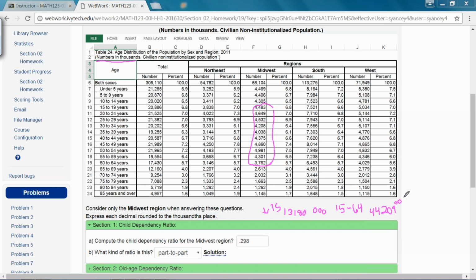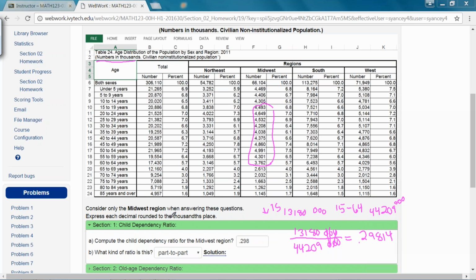But again, you can leave the 3 zeros off because when we write our ratio, it's 13,180 and then the thousands divided by 44,209. So those just cancel anyway. When we put that in, we get 0.29814, and it keeps repeating.